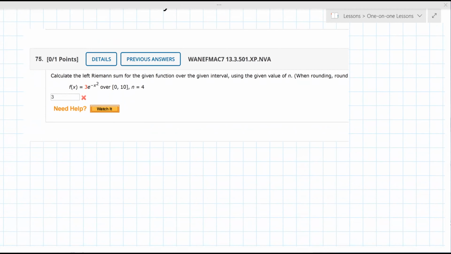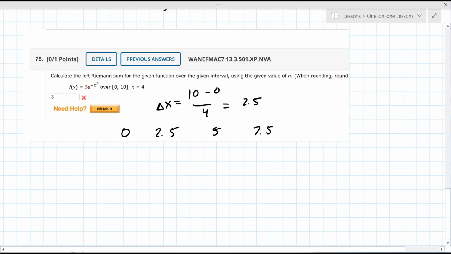Yeah, so I don't like this window. Normally it would be something that goes into 4. But the way this works is 10 minus 0 over 4 equals 2.5. So you start with 0, and then you add this delta x over here. You add that, so you get 2.5, 5, 7.5, and 10.